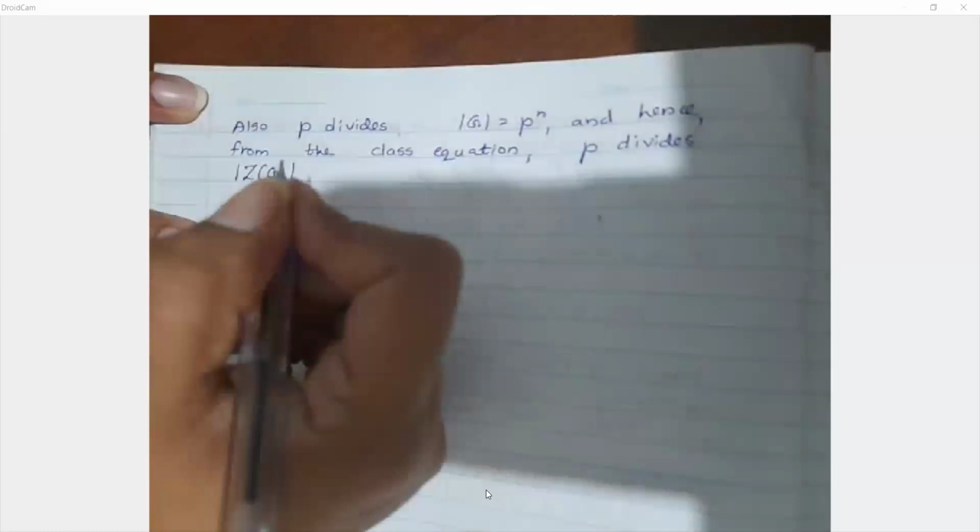We know that Z of G is a subgroup of G, not just any subgroup, it's a normal subgroup of G, which we have seen and proved.